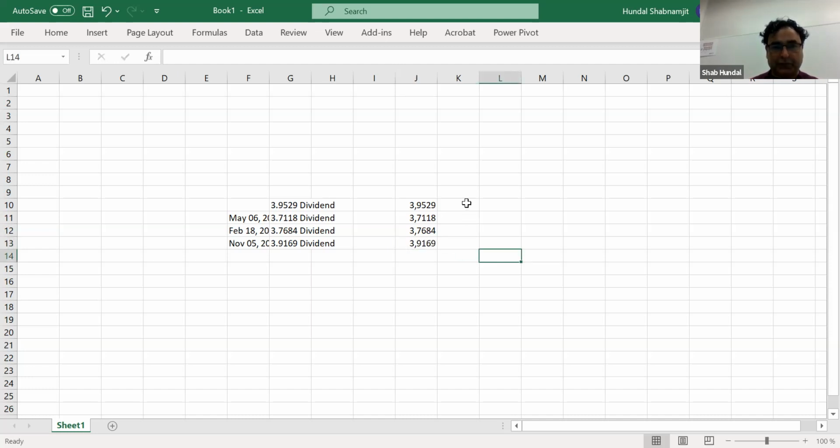So if I want to find the growth rate, it would be the current dividend minus previous dividend, divided by previous dividend.